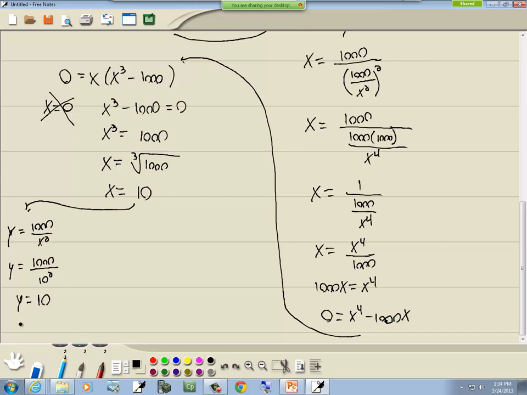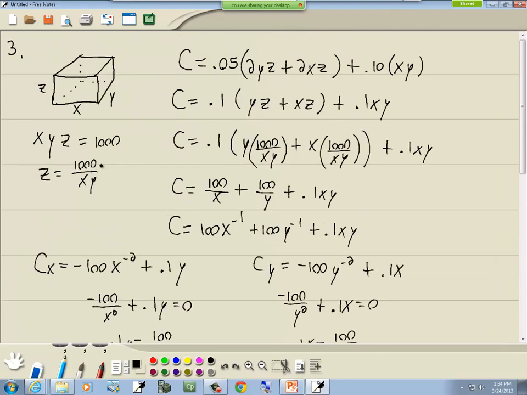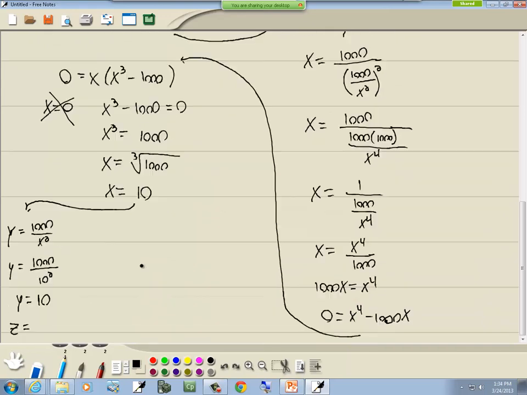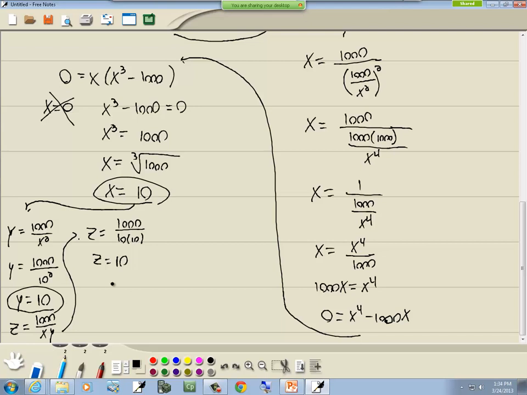Now, also from above, we've got z is equal to 1,000 over xy. So z is equal to 1,000 over 10 times 10, which tells us z is equal to 10. So our dimensions are that x is equal to 10, y is equal to 10, and z is equal to 10. So a perfect square room.